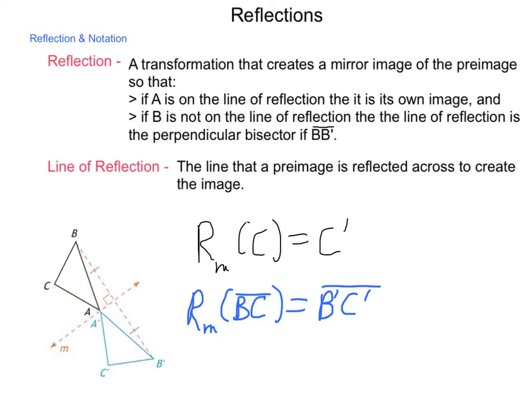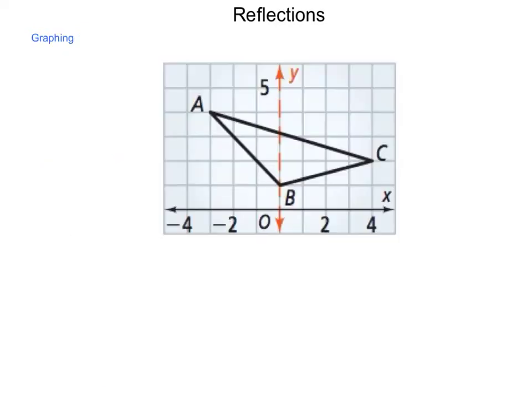So how can we use these images and preimages in order to create our new designs? We have here a triangle ABC with B sitting on the y-axis.